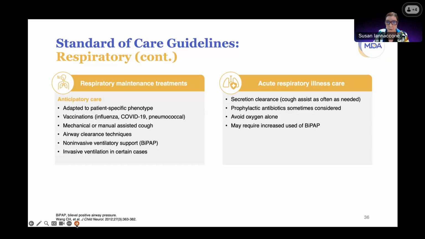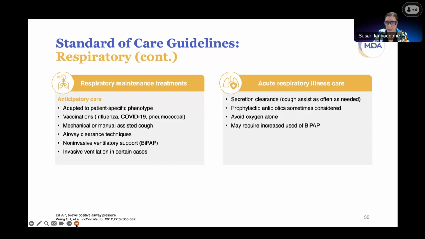When the patient becomes acutely ill, the most important thing is to recognize this early on. And this occurs when the families are well educated to recognize symptoms before the infection becomes severe. And they can start using secretion clearance, such as cough assist at home.